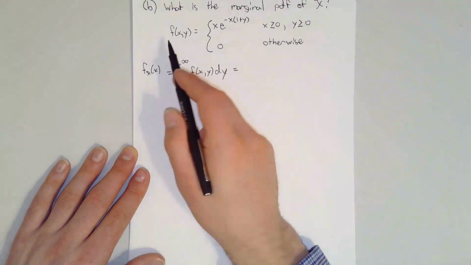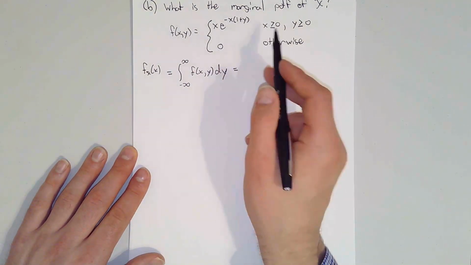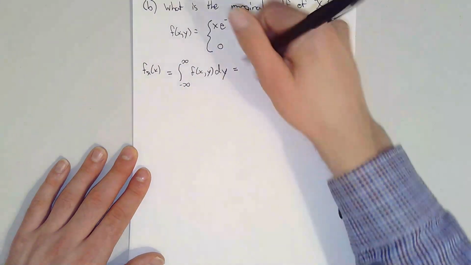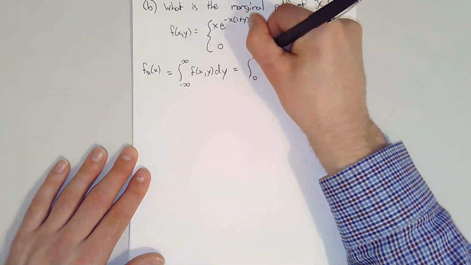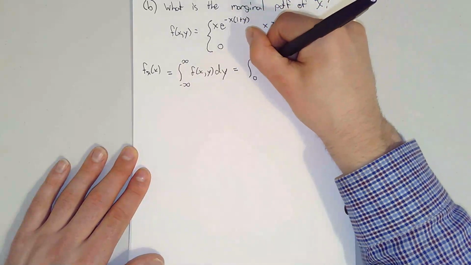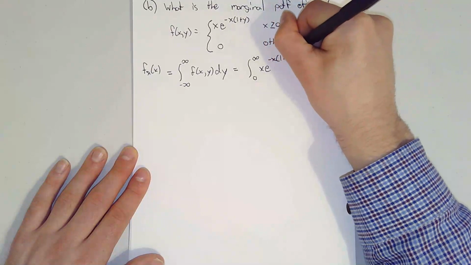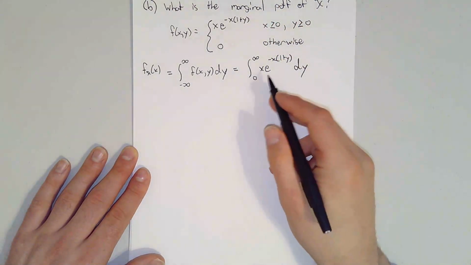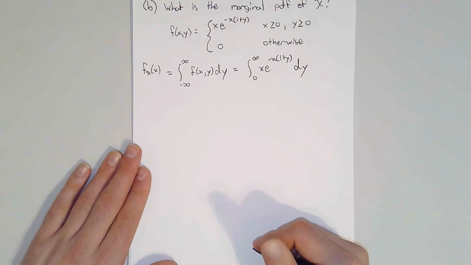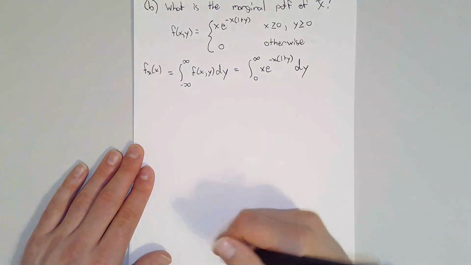This is equivalent to the first expression we considered in part A. Noticing that f only has support over the first quadrant, this integral reduces to the integral from 0 to infinity. So this is the exact same integral that we had in part A, so parts A and B have a little bit of overlap here.